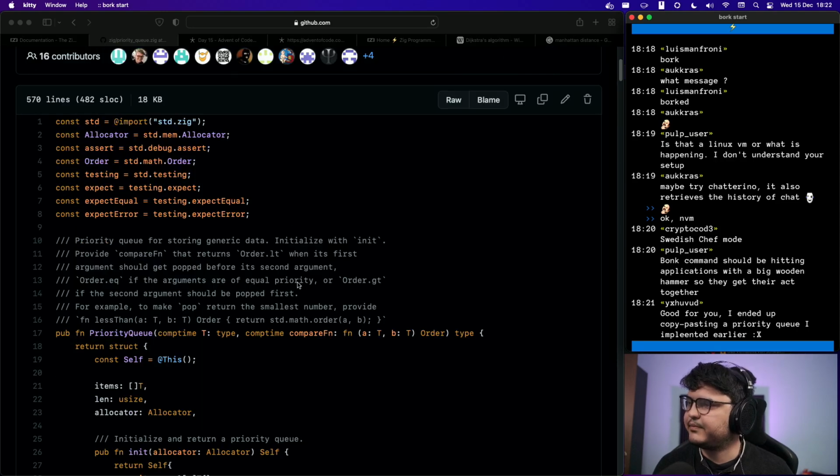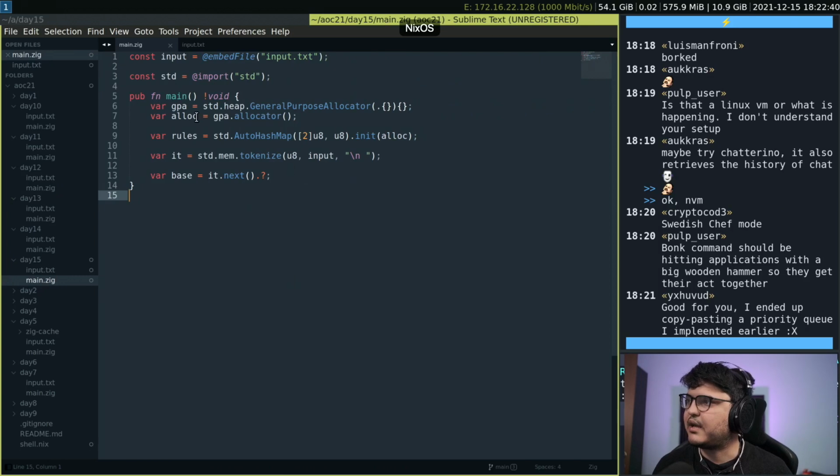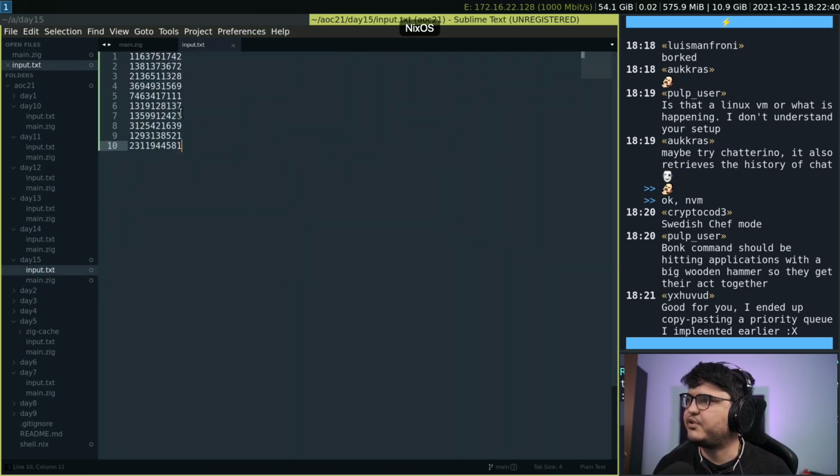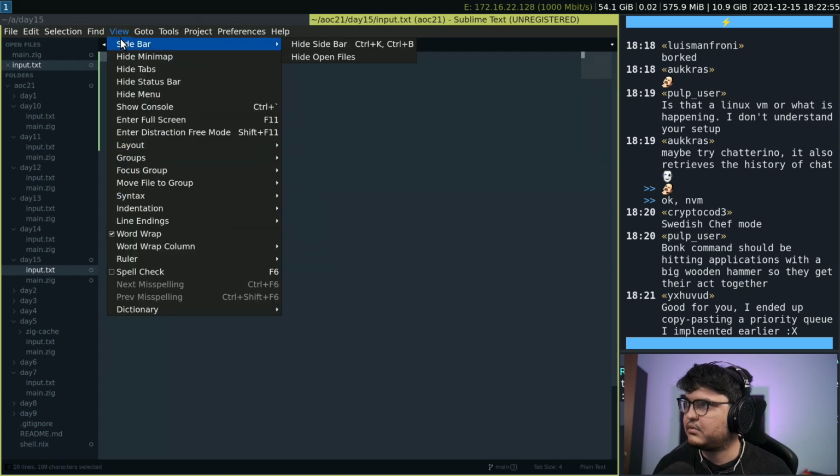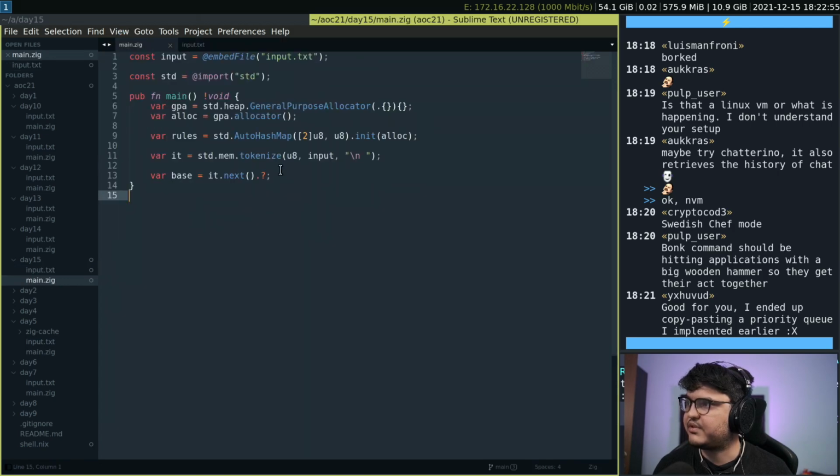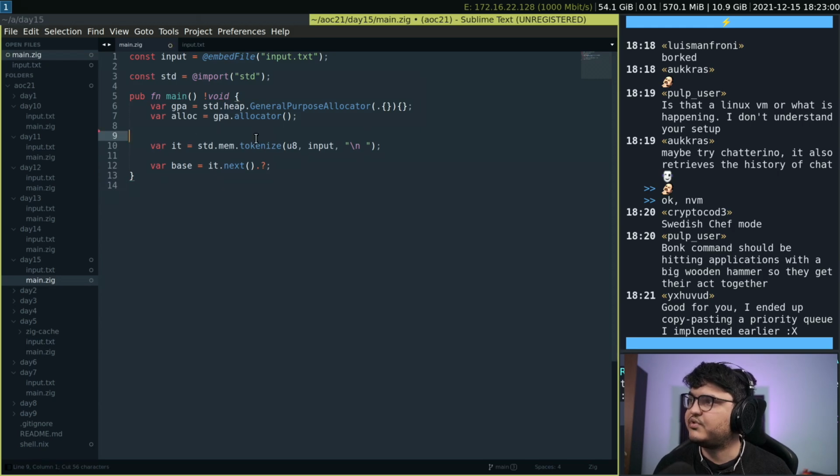So let's do it. Then, okay, let's start by parsing though. So we need to parse. Where do we put this stuff? A matrix? So this is gonna be 10 by 10. Oops, no. So let's do a matrix 10 by 10. So there's no rules.